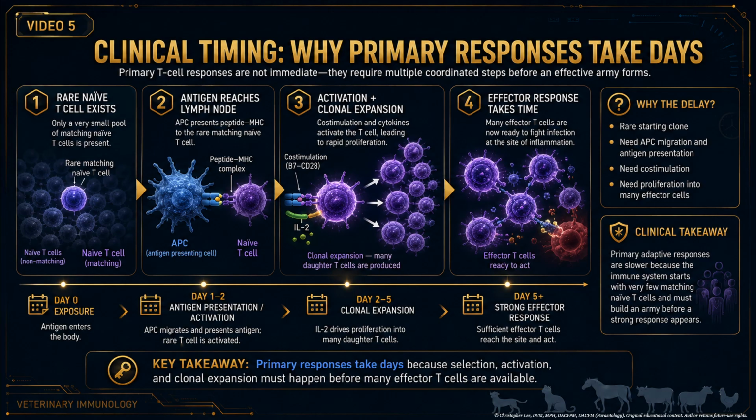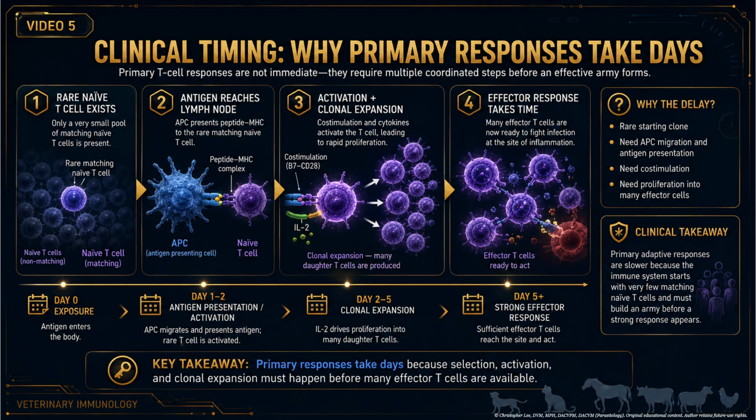Third, an APC has to present peptide MHC to the matching naive T-cell. The T-cell needs activation signals, including co-stimulation and cytokine support. Fourth, the selected clone has to proliferate into enough effector cells to matter clinically. All of this takes time.